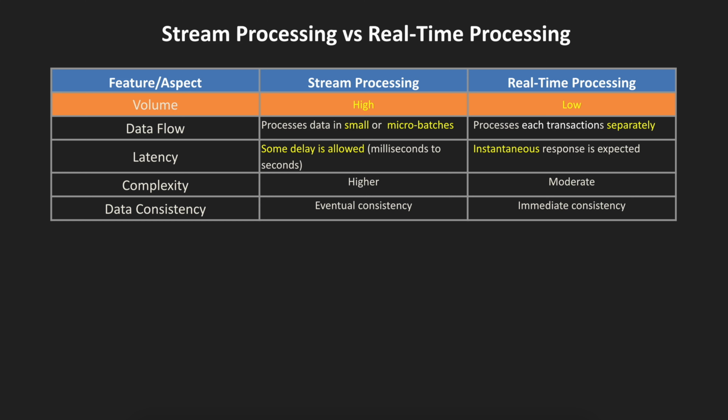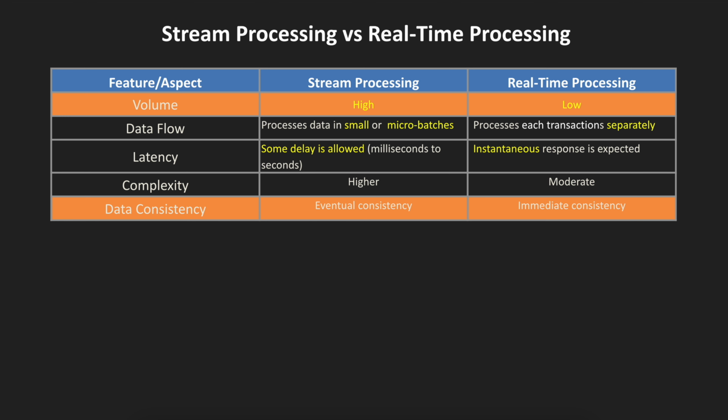In real-time processing, an instantaneous response is expected. For example, with the fraud detection service, we want each transaction to be processed, and we want to give the user an instantaneous response. The complexity of stream processing is much higher because of the high volume of data, while real-time processing has moderate complexity.